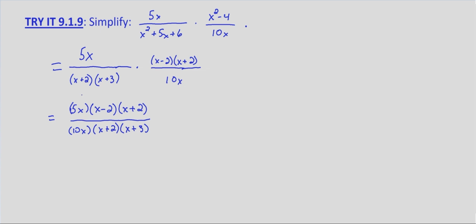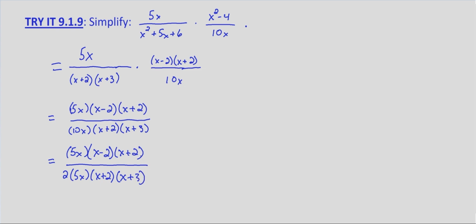Technically, I could go ahead and write this, and I'll do that in an extra step, just to simplify things. For when we cancel, 5x times x minus 2 times x plus 2 over 10x, we could write down its factorization to make things a little bit easier. So let's factor out a 2, which is going to leave us with 5x times x plus 2 times x plus 3.